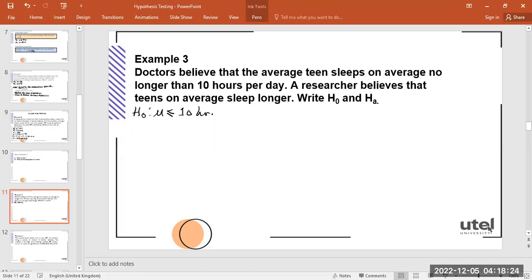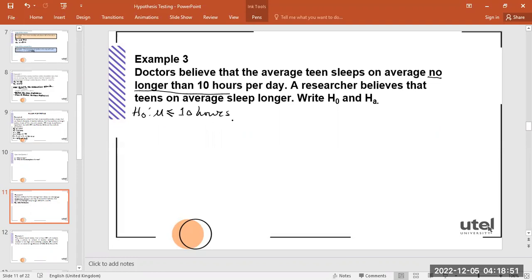And it is very important for us to look clearly at the sentence. It says doctors believe that the average teen sleeps on average no longer than 10 hours. This phrase no longer simply means that a teen could sleep for any number of hours less than or equal to 10, but not greater than 10.